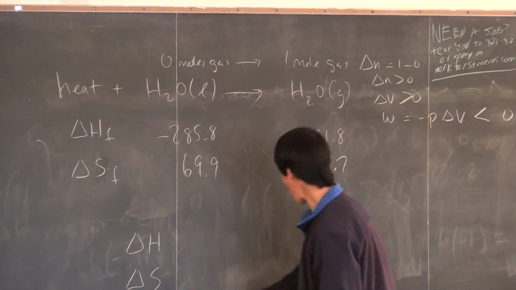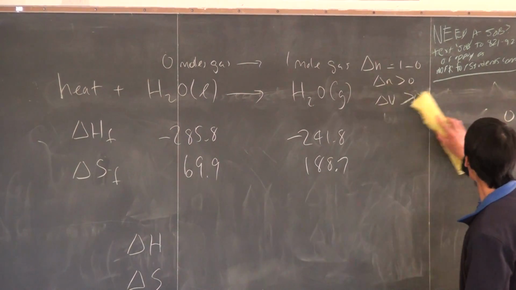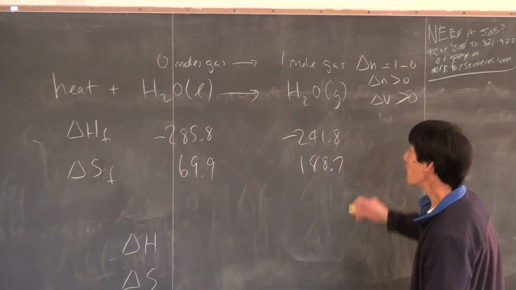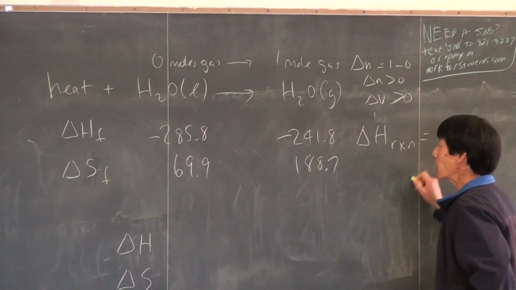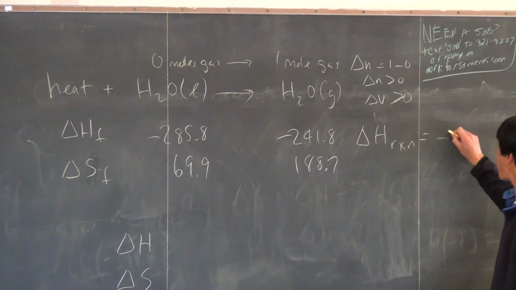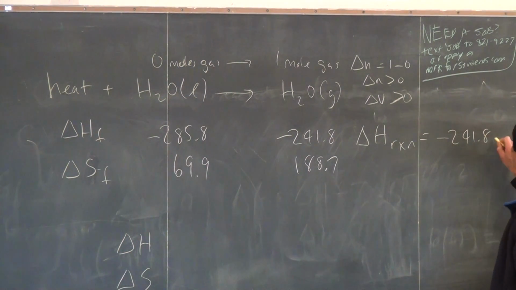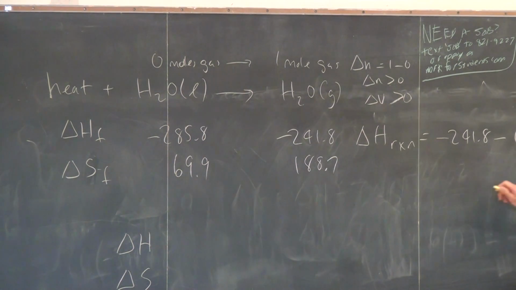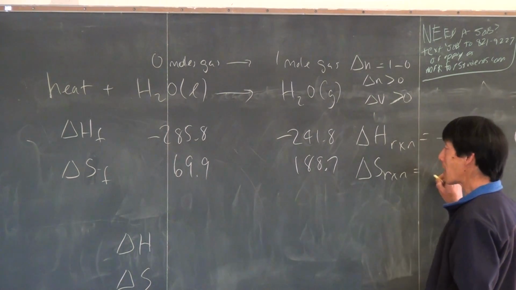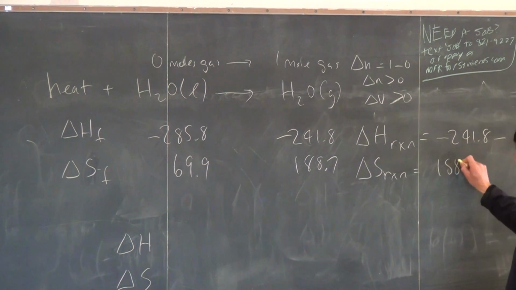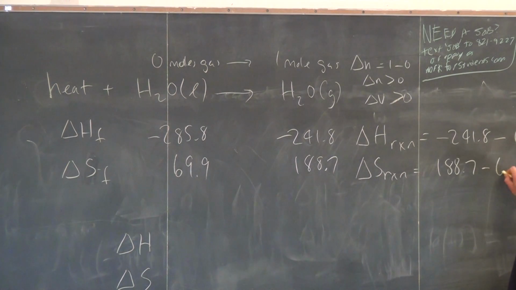Based on this, we can calculate delta H of the reaction, which is equal to minus 241.8 minus minus 285.8. And delta S of the reaction is equal to 188.7 minus 69.9.